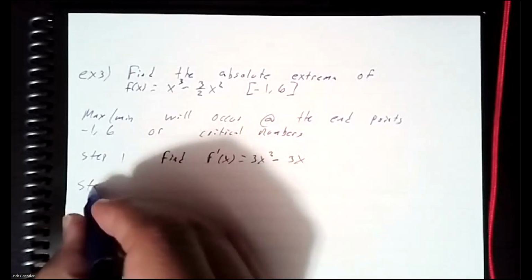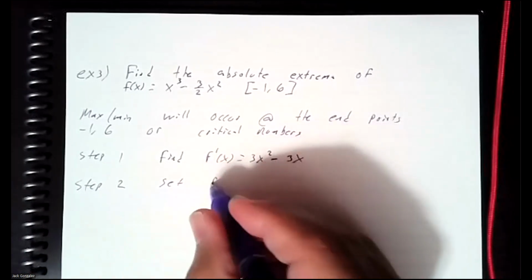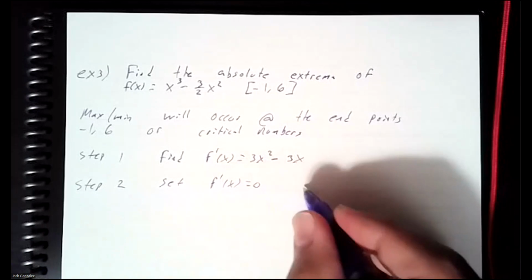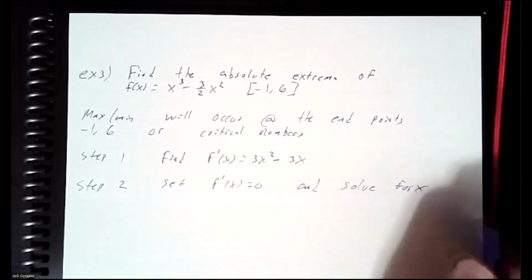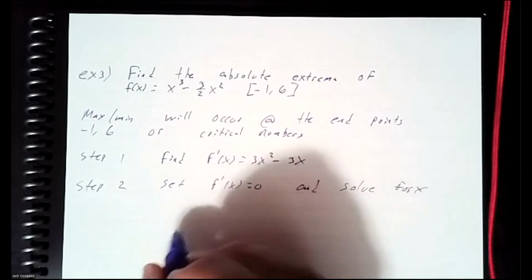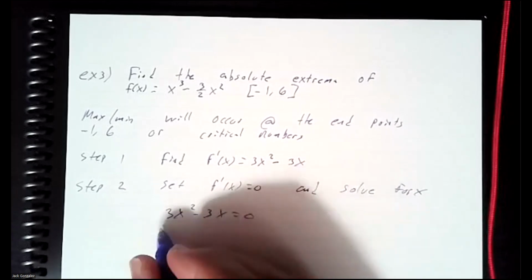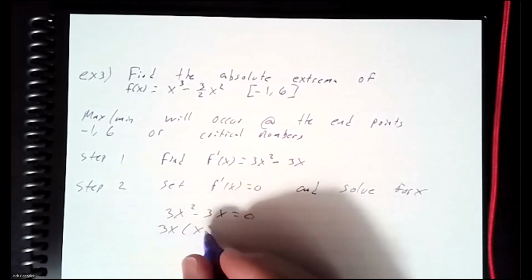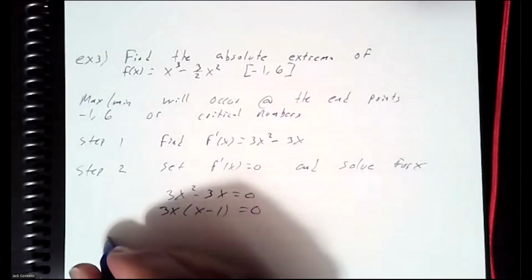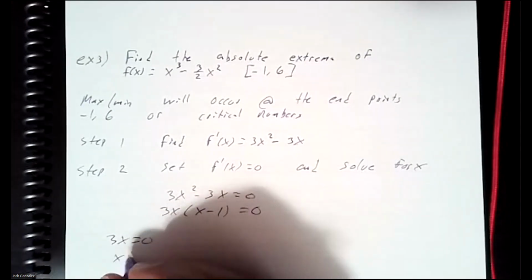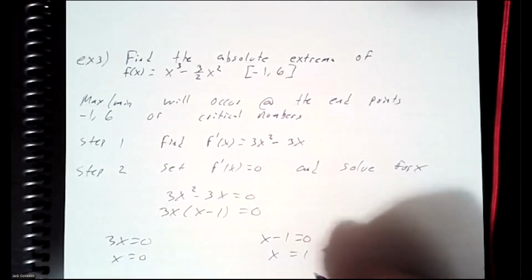Step 2, set it equal to 0 and find your critical numbers. So you'll have 3x squared minus 3x equal to 0. 3x in common gives us 3x times (x minus 1) equal to 0, right? So 3x equals 0 implies that x is 0. x minus 1 equal to 0 implies that x is 1.